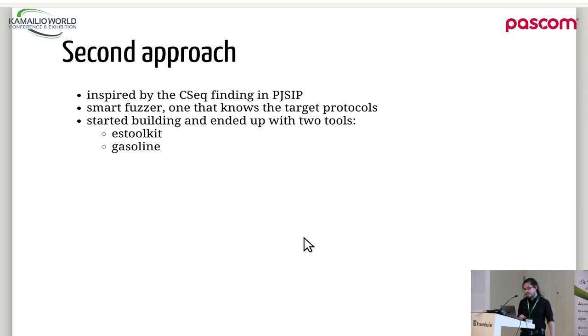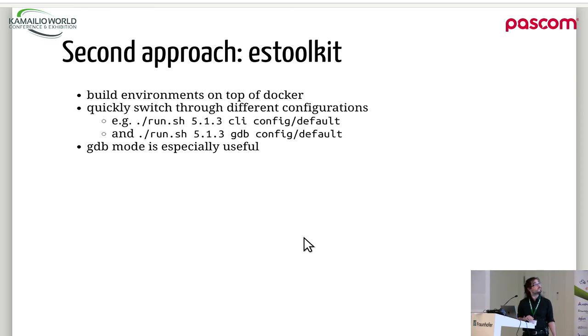So in the end, we ended up with two tools, ES Toolkit and Gasoline, which are part of our internal tool set. Now, ES Toolkit, what it does is, it does a lot of things, but to be brief, it allows us to set up environments in Docker using a template for different software packages. So asterisk, we have a template for that, for building asterisk.